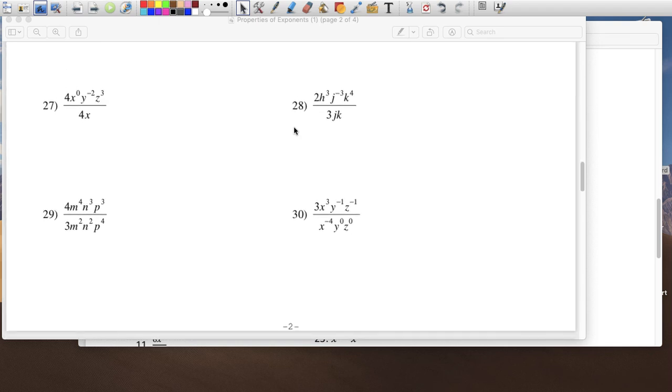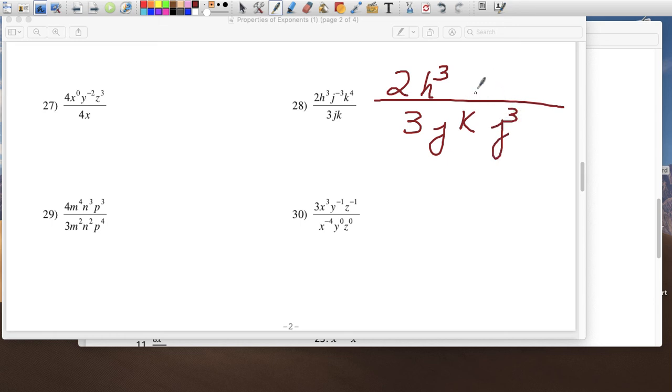28. Let's make some adjustments. 2h cubed, 3j, that stays, the k stays. And there's a j to the third power that I'm throwing down here. And the k to the fourth, that's already over here. Well, let's do it coefficient and letter by letter. 2/3, nothing happens.